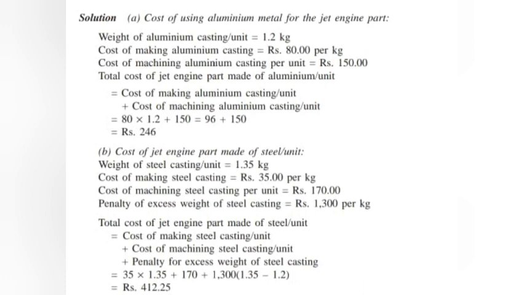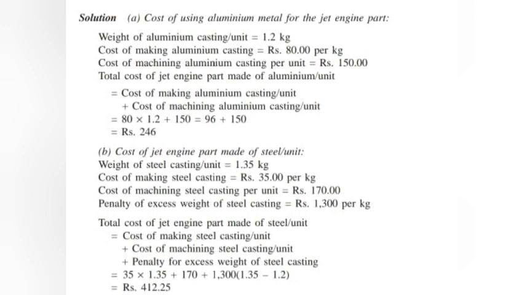So you multiply 35 into 1.35 to get the cost of making the steel cast per unit, plus the cost of machining the steel cast per unit, which is 170 rupees as mentioned in the question.